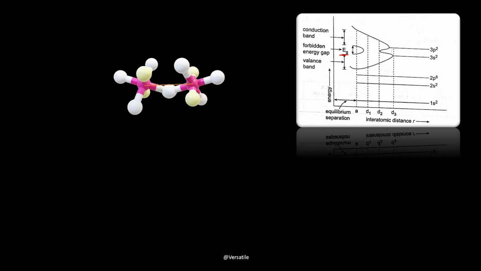The band formed by filled energy levels is known as the valence band, whereas the partially filled or unfilled band is known as the conduction band. Now, depending upon the size of this energy gap, different materials behave as conductors, semiconductors, or insulators.